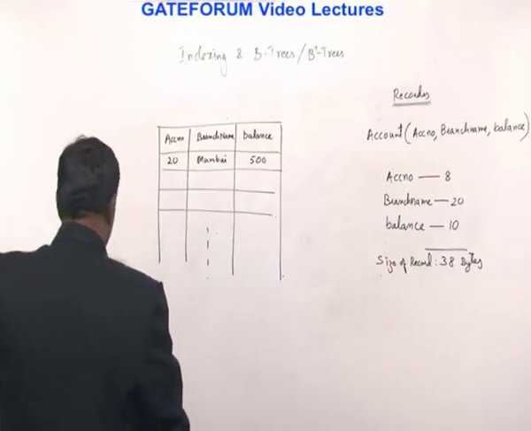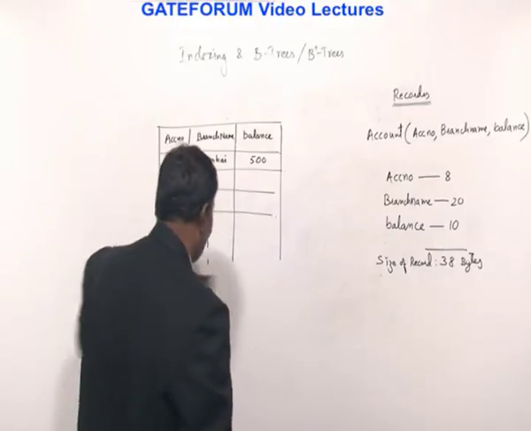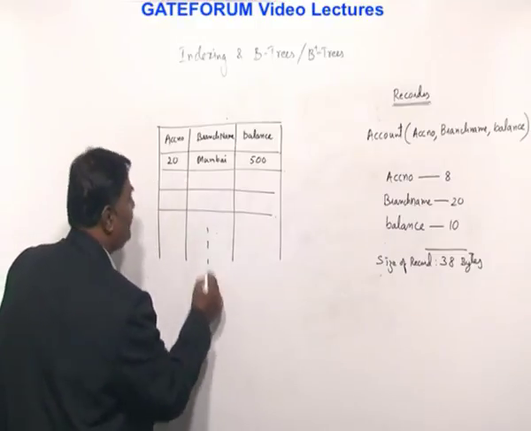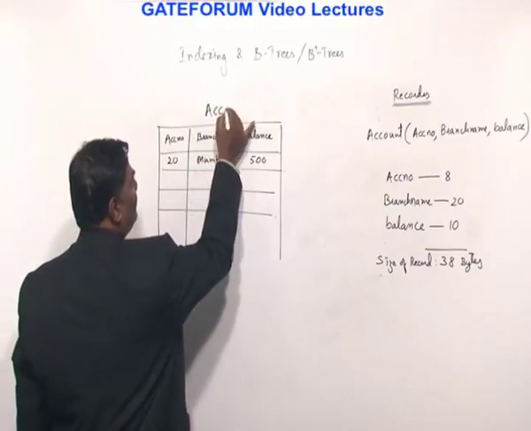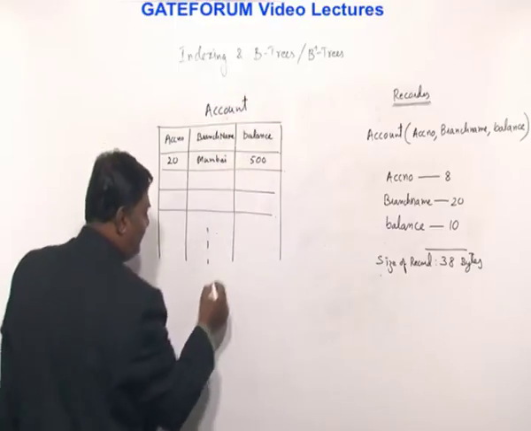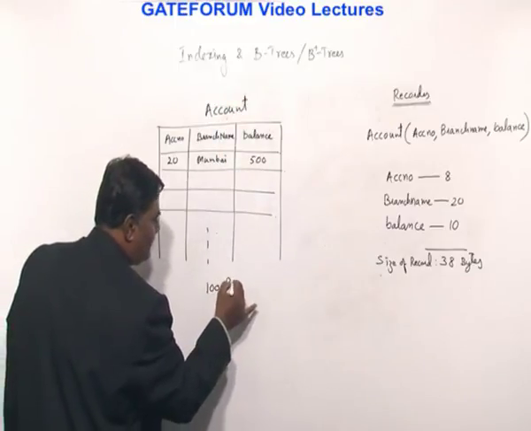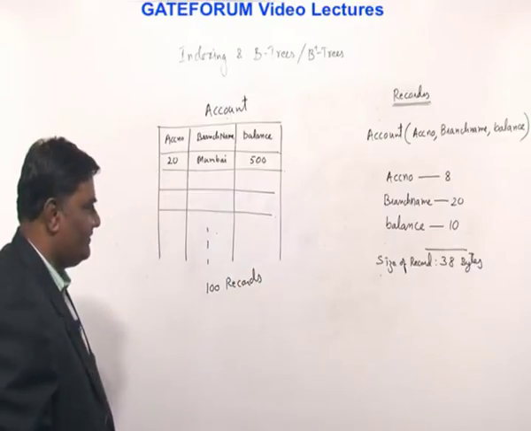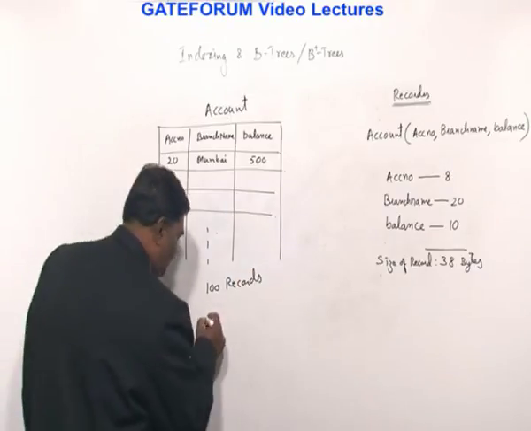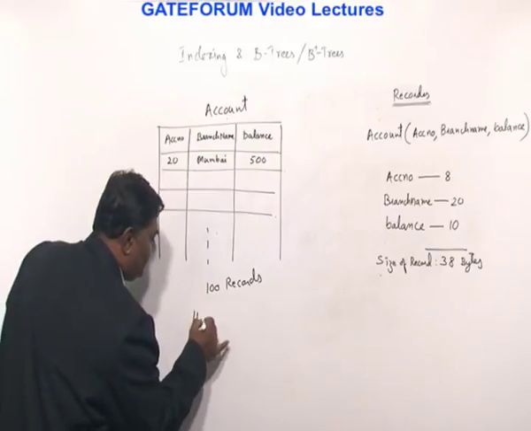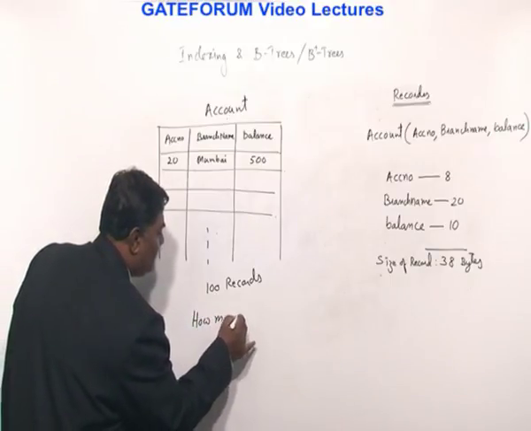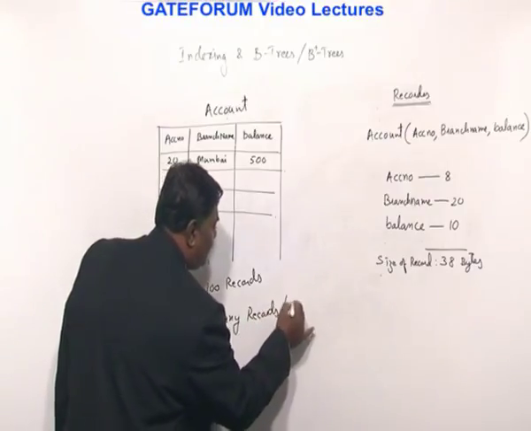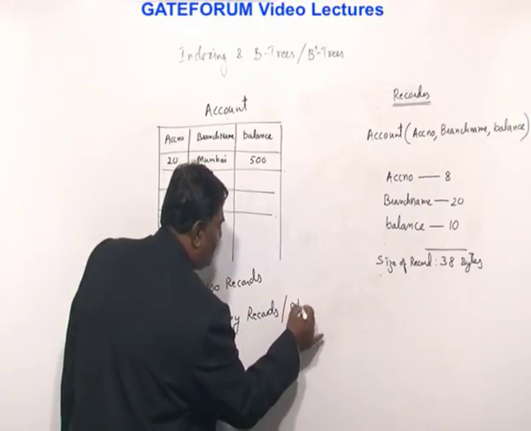Now let us see some numerical thing. If this relation account is having 100 records, first we will find out how many records per block.